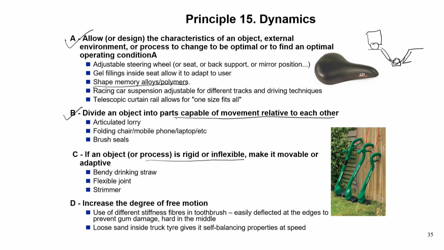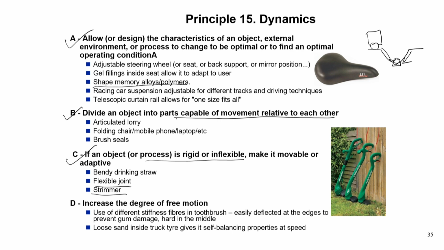Like you have a joint which cannot move, so create a flexible joint or create a streamer. This kind of thing allows optimal placement, optimal positioning, versatility of the system, etc. So, that is the use of some additional dynamics to make a rigid system movable.